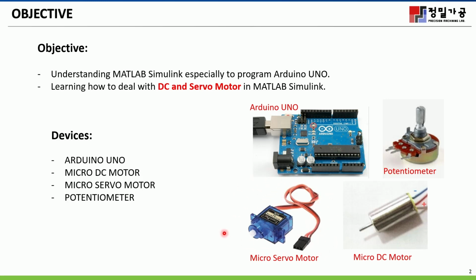The type is SG90, and it is not a continuous servo motor. Its rotation capability is between 0 and 180 degrees. Maybe you also need a potentiometer or variable resistor.